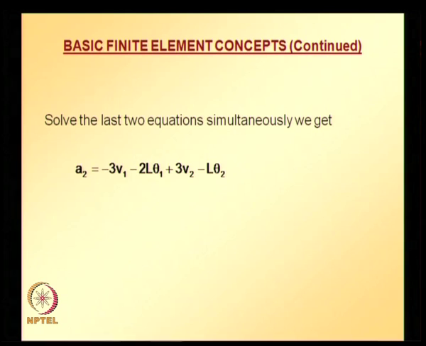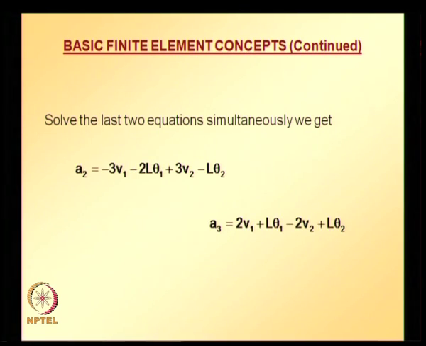So if you solve these two equations for a2 and a3, we get a2 to be this one, a2 is equal to minus 3 v1 minus 2 L theta 1 plus 3 v2 minus L theta 2, and a3 as 2 v1 plus L theta 1 minus 2 v2 plus L theta 2.